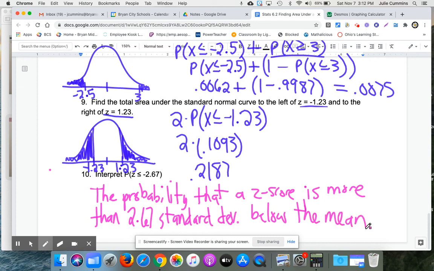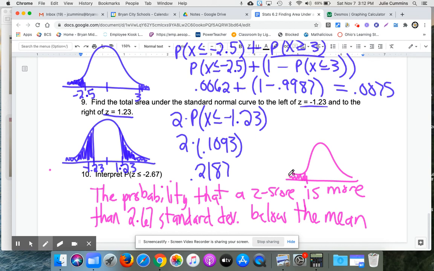Okay, so it's the probability that a randomly selected z-score is more than 2.67 standard deviations below the mean. Or you could also say it is the area under the normal curve to the left of negative 2.67.